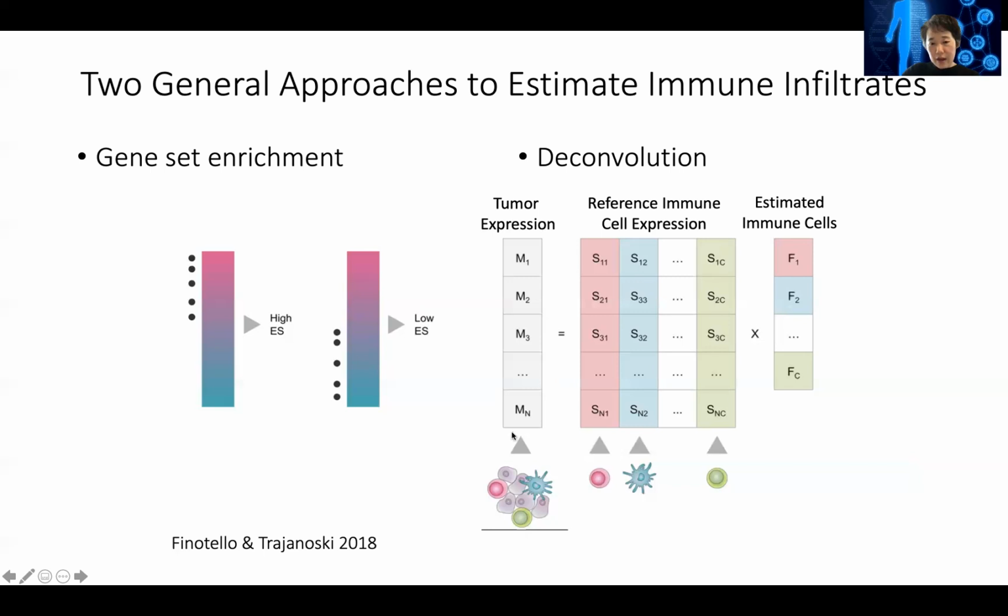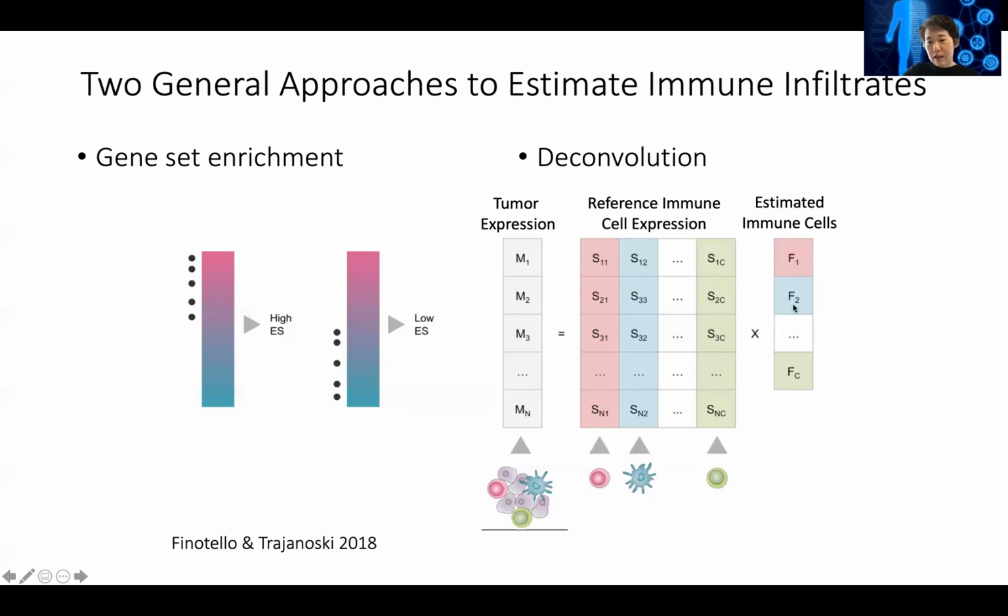So basically, you think that the final tumor expression comes from the different immune cells that are mixed at different levels, which gives us the final expression level of all these genes. And so the immune deconvolution method is to ask, okay, if T cells express these genes at this level, dendritic cells express these genes at this level, macrophages express these genes at a different level, what infiltration level can I estimate?